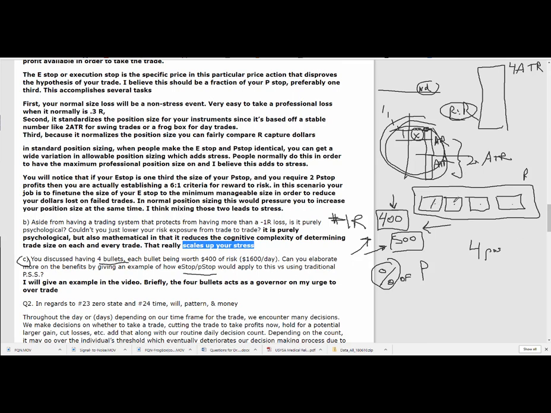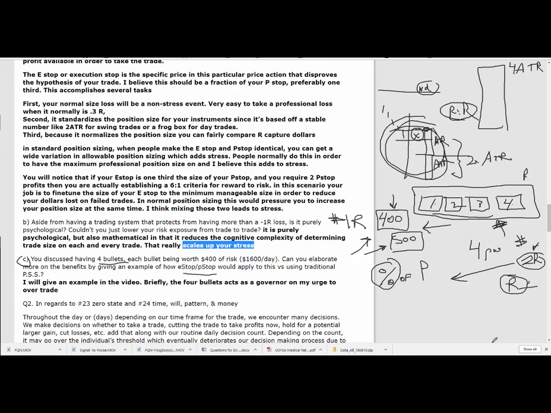If I take one and then add a second one and a third position, then I double up on the first one, I've used my 4 units of risk, and now I don't have any capital available to take another trade until I liquidate some of these trades in order to raise money. And then what I like to do is I like to cash 2R, and then I can take any extra and then start redeploying. So if I ever get all my money in, I want to take 2R out, set it aside, then cash some more in order to raise a new bullet, a new R.